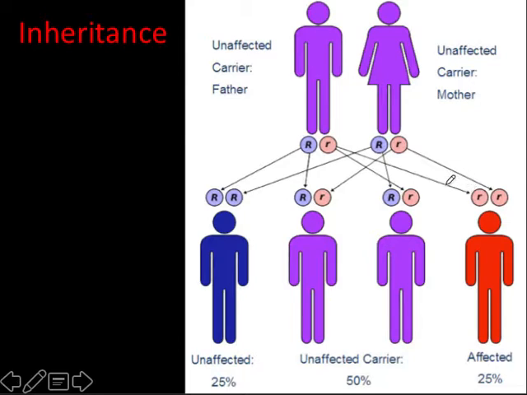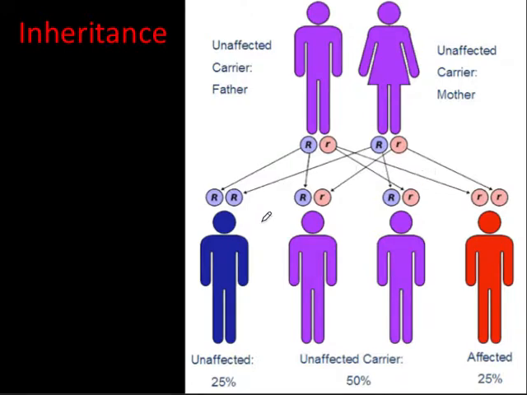Now, in the case of a recessive condition, a recessive disease, in this example, these parents have a 25% chance of producing a child that shows a disease as their phenotype. They have a disease and they show it. There's a 25% chance they'll produce a child that does not have the disease and does not carry it either.